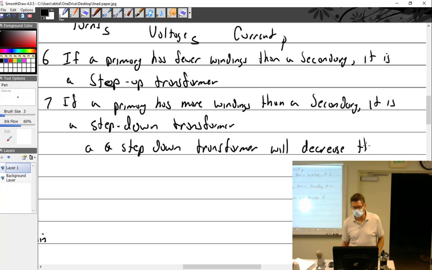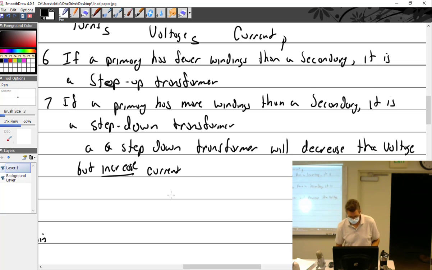Will decrease the voltage. So we're always talking about step up or step down relative to the voltage. It will decrease the voltage, but what to the current? Yep, increase current. The formulas are the same. It doesn't change whether it's a step up or step down. That's where you figure out the formula.